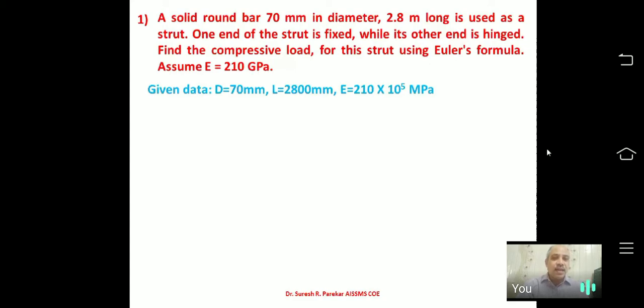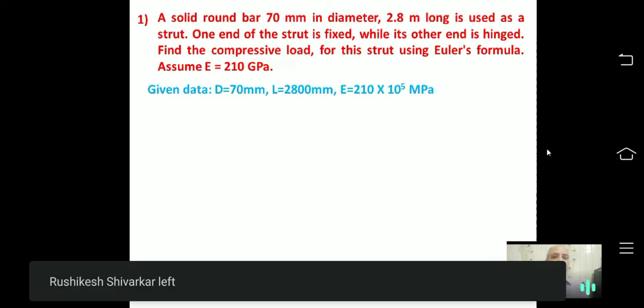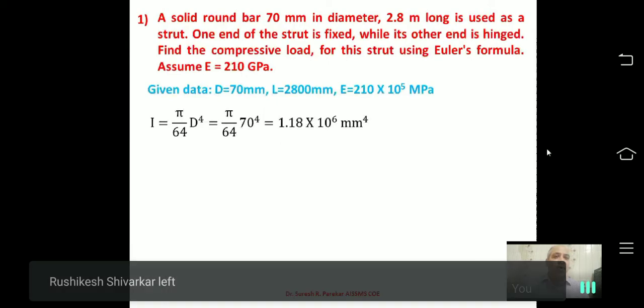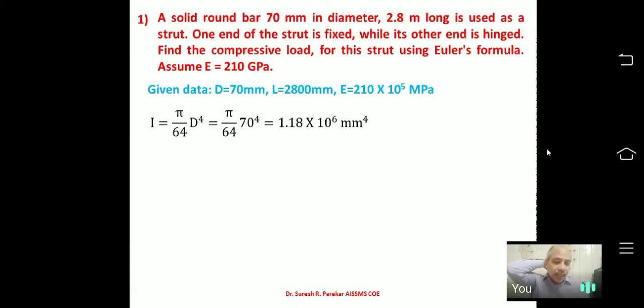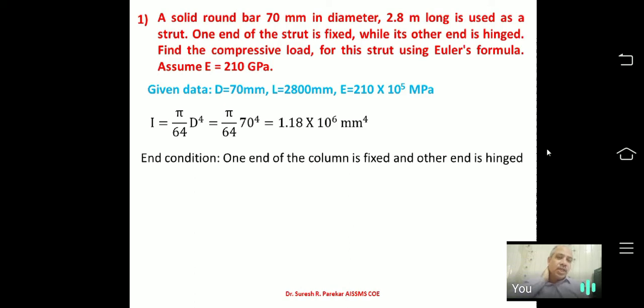Now from this we will directly go to the value of I, which is pi by 64 d to the power 4, and that gives me the value of I. Now knowing the value of I, we consider the end condition, that is one end of the column is fixed and the other end is hinged. So I can directly use the formula P CR equal to 2 pi square EI upon L square.